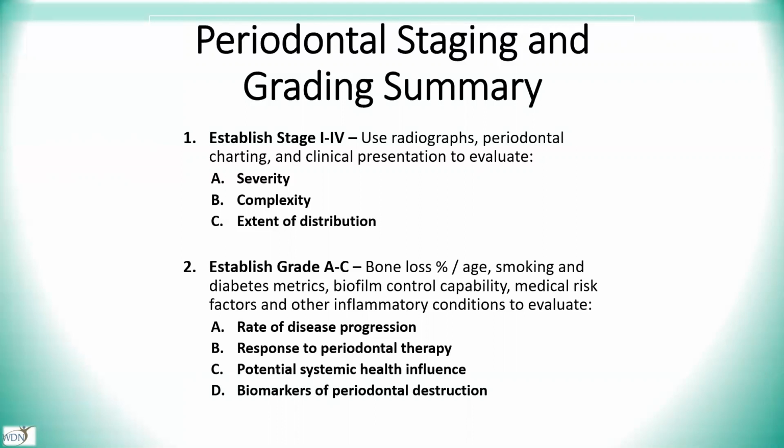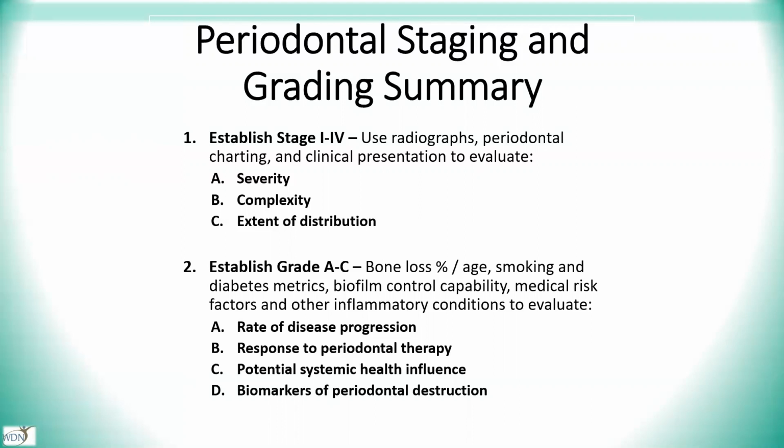And then are there medical risk factors and other inflammatory conditions that we could use to determine if this disease is starting to affect systemic health, or if the systemic health is affecting this disease expression? So again, the other thing the grade will help us determine is how well they will respond to therapy. If you have somebody that's slowly breaking down, they might respond really well.